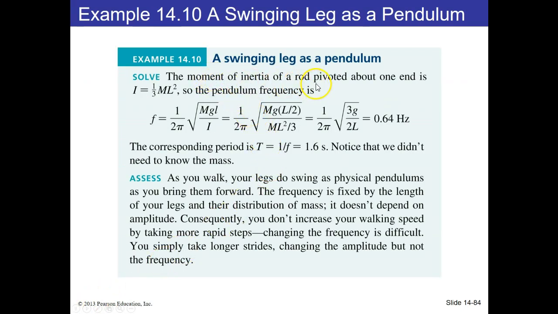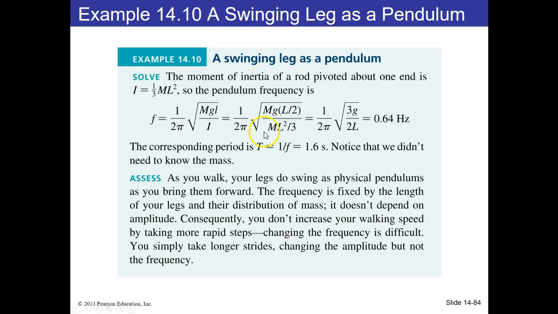So the moment of inertia of a rod pivoted at one end is 1/3 mL squared, so the pendulum frequency here is going to be 1 over 2 pi times the square root of mgl over I. Now remember, we said the length here, center of mass, is L over 2, and then we have 1/3 mL squared for our I value.